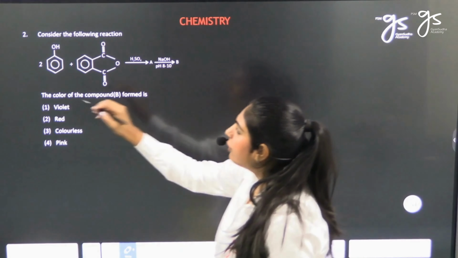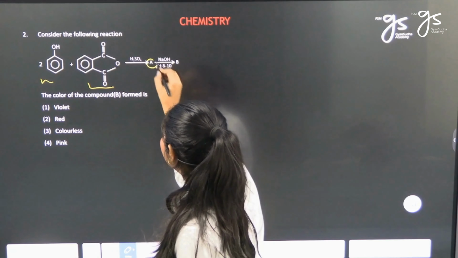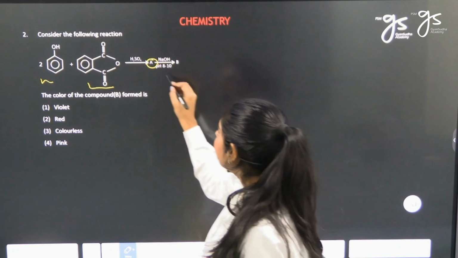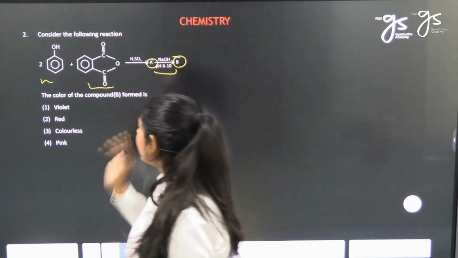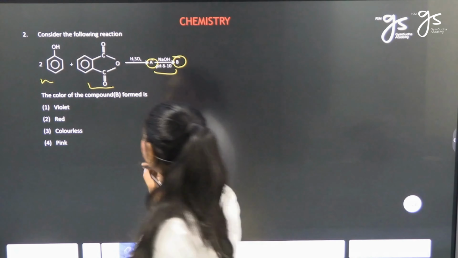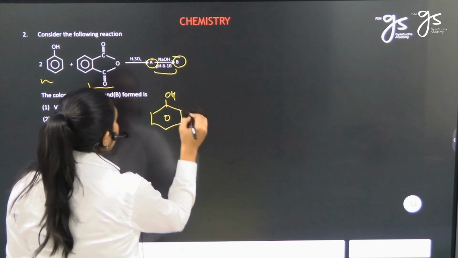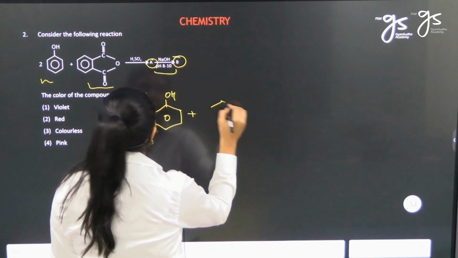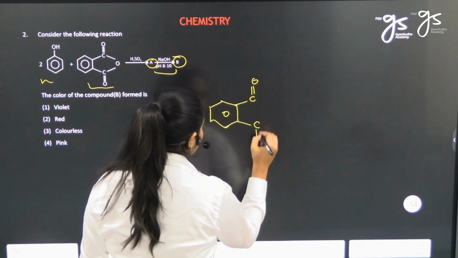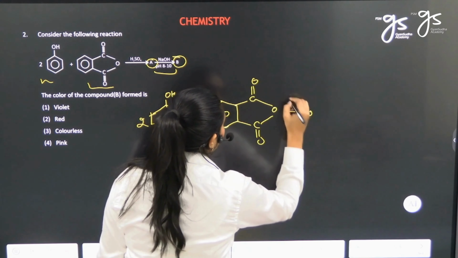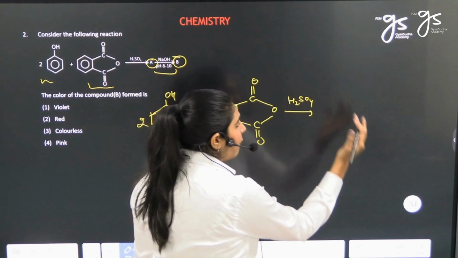This question says that phenol is reacting with a compound in the presence of sulfuric acid, which leads to the formation of compound A, and after some time it reacts with a base and gives the product B. It asks what is the color of compound B. Let me write the complete reaction: phenol is reacting with an anhydride in the presence of H2SO4. It leads to the formation of phenolphthalein.